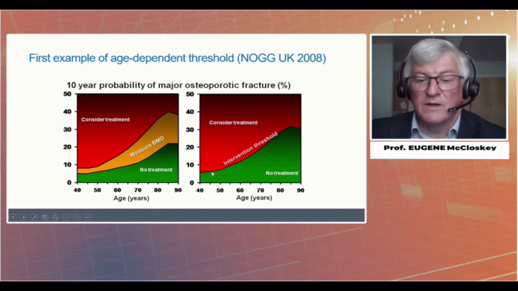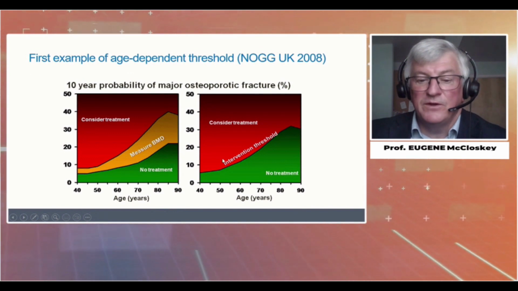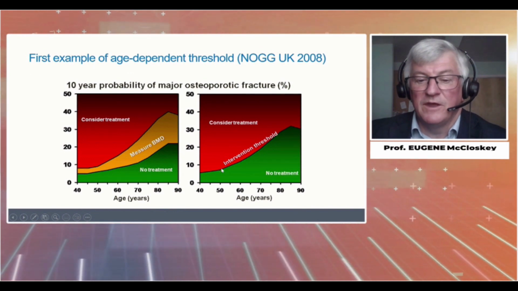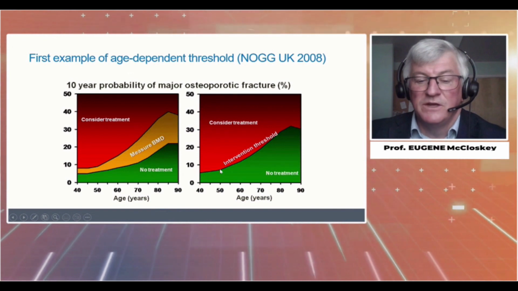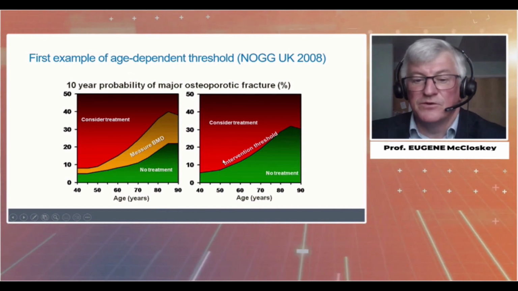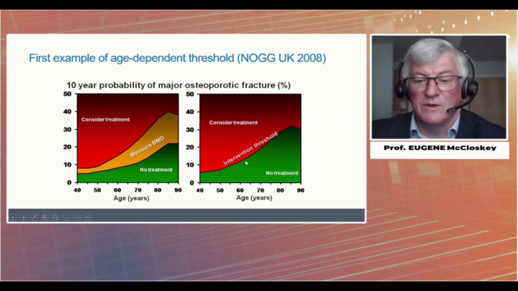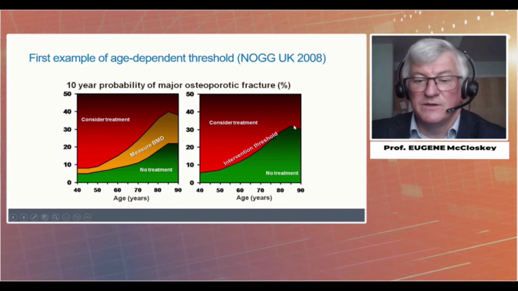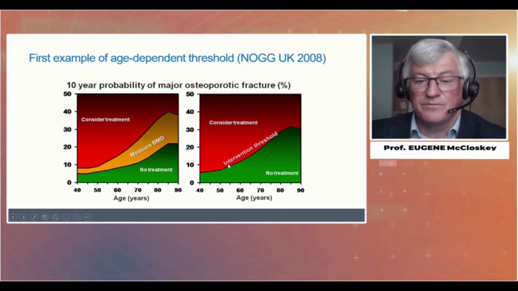If you have a probability at your particular age that is similar to or greater than a woman with a prior fracture at your age, then you should be considered for treatment as well. So this became a single age-dependent intervention threshold.